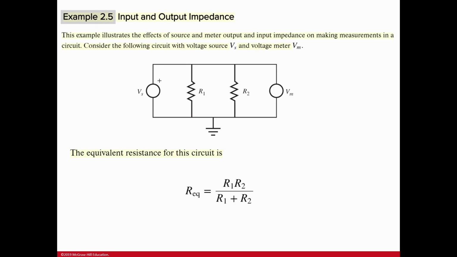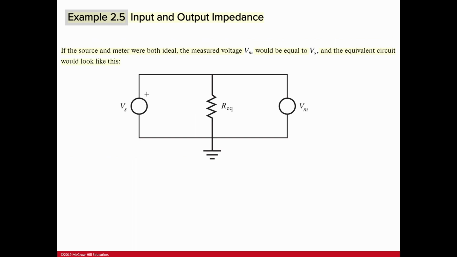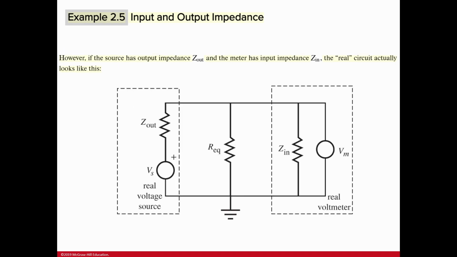So we have R1 and R2 here, and the equivalent resistance of R1 and R2 connected in parallel is like this. Then we simplify our circuit to put an equivalent resistance here. Then we need to add the output resistance of the voltage source and the input resistance of the voltmeter.